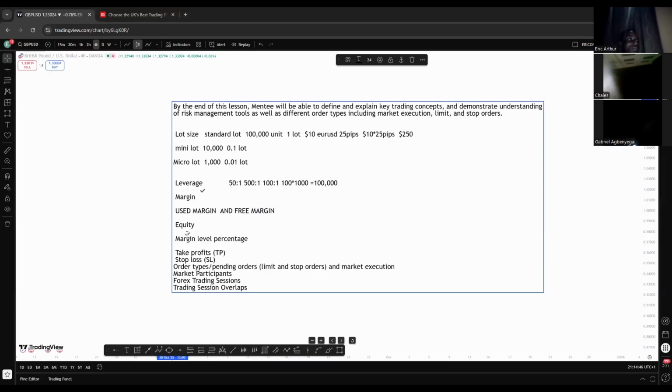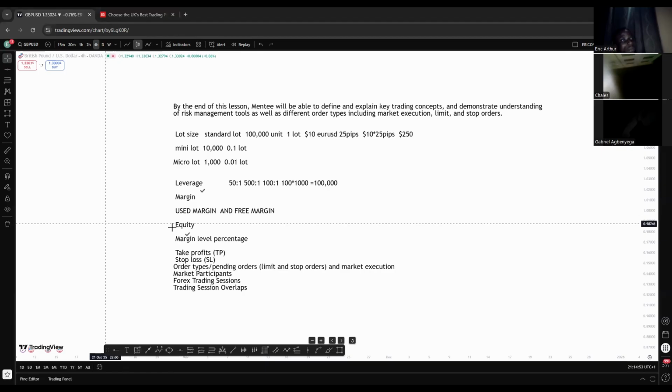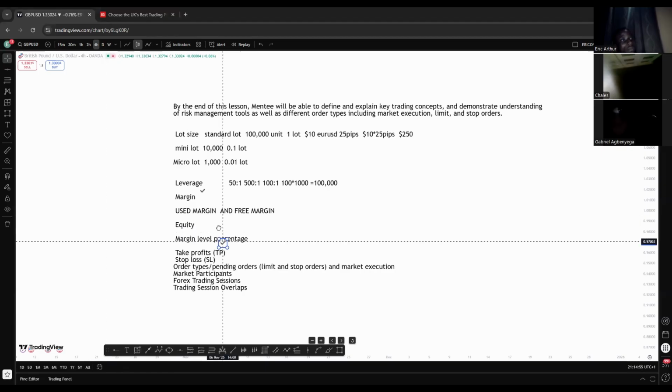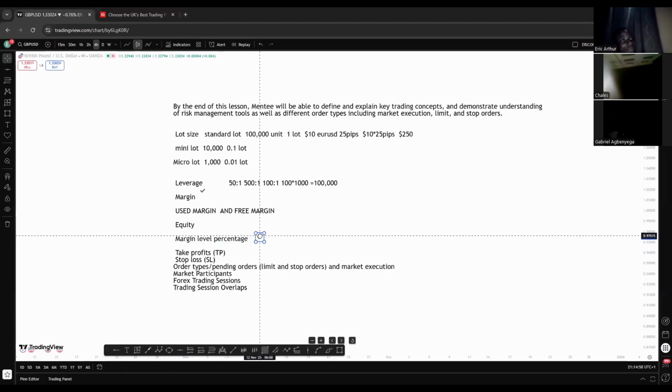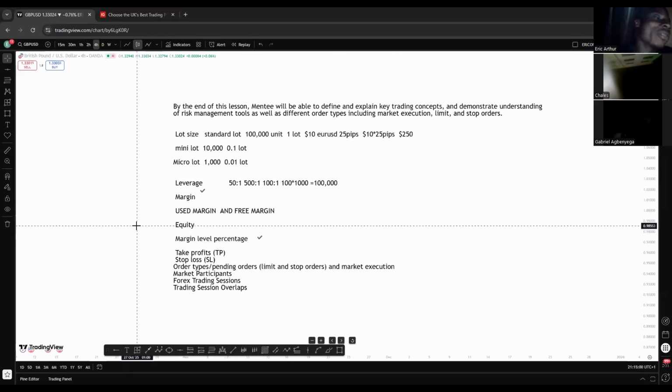Okay. With equity, what I can say is that if you have a demo account and you have not placed any trade, then equity is your current balance. It's not only about the demo; everything here applies to a live account, and it also appears in your demo account.